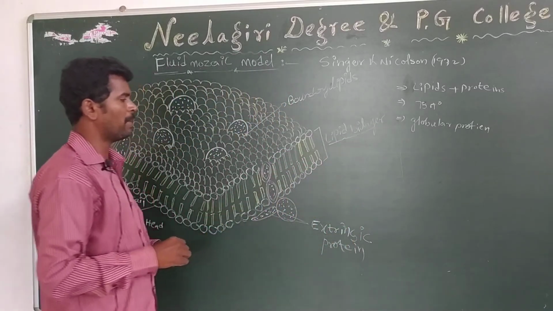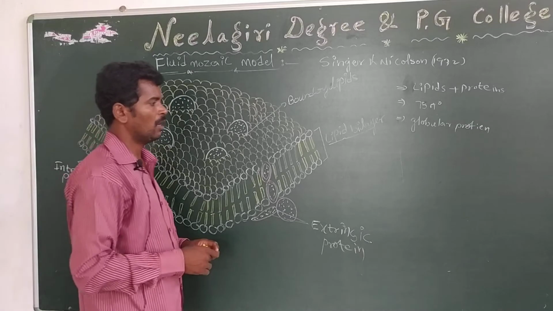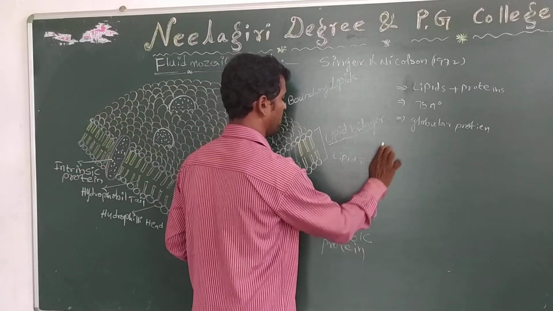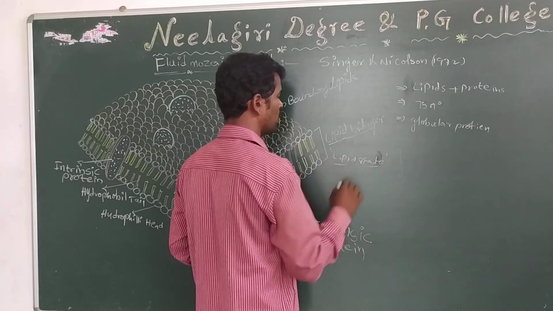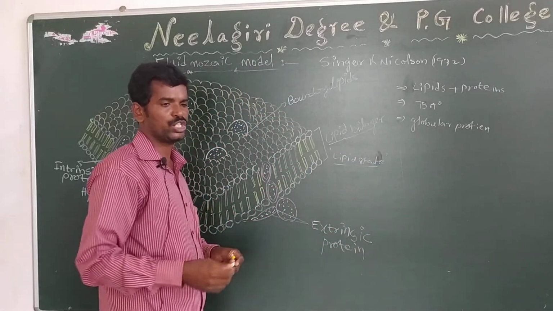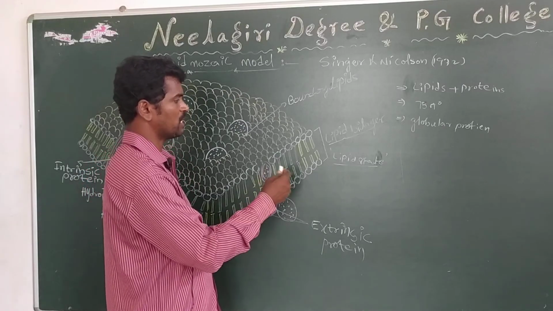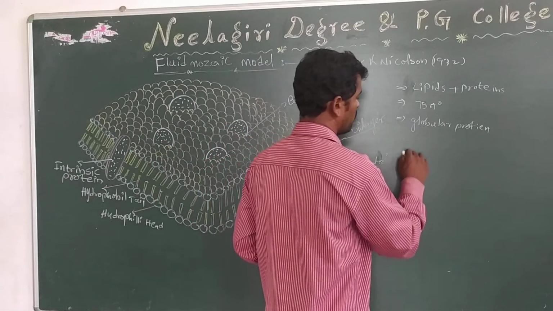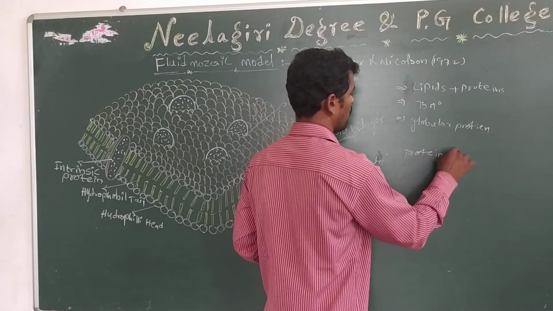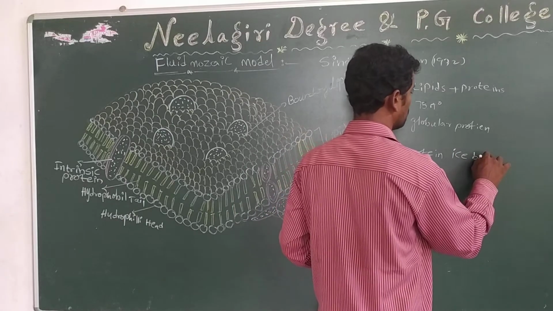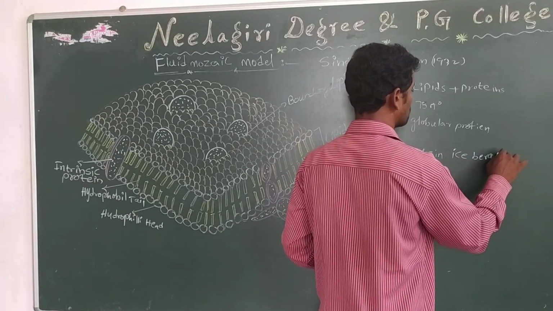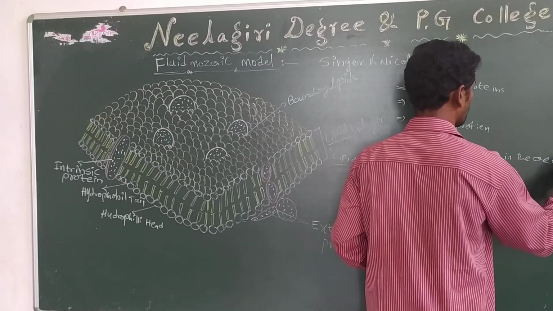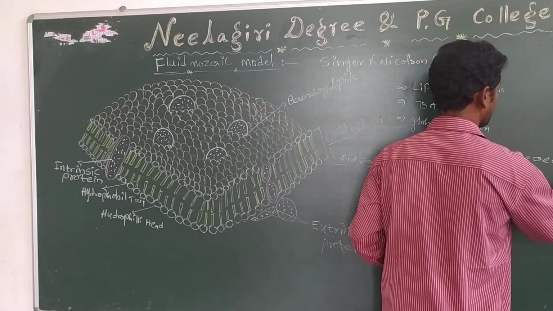The lipids look like oceans, and the proteins are like icebergs in the ocean of lipids.